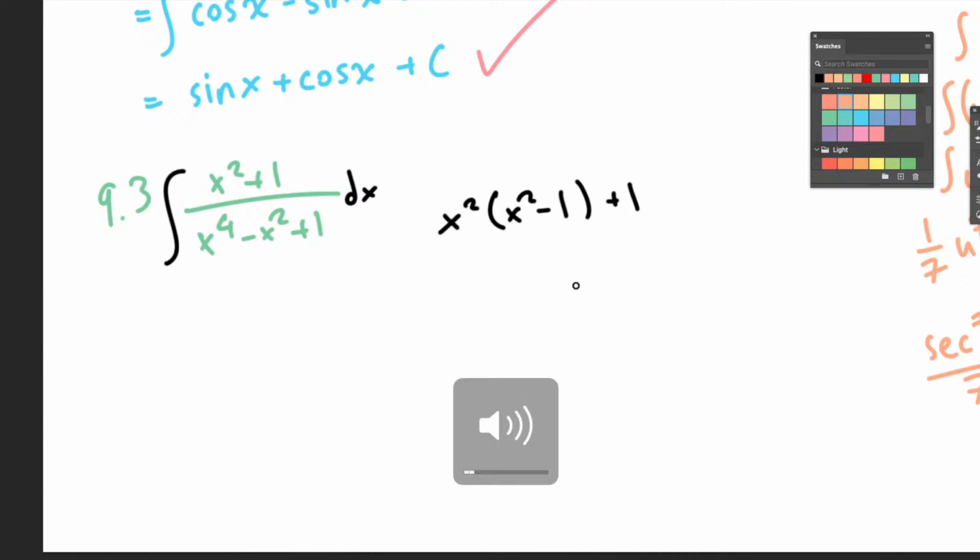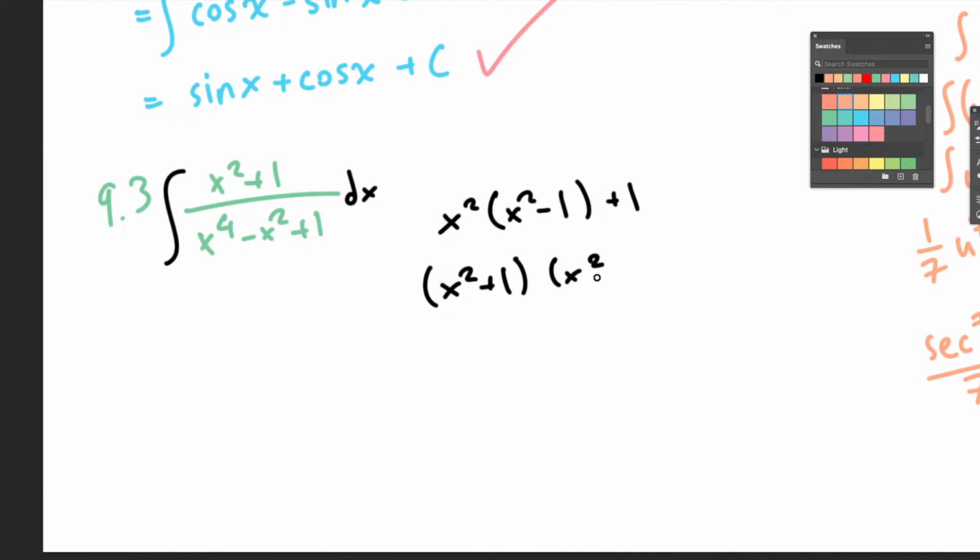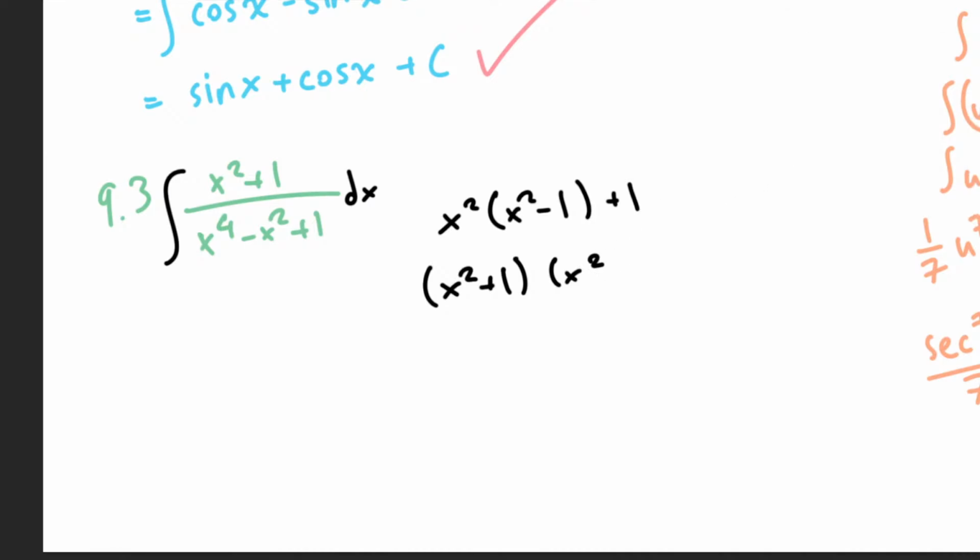Now, there has to be a trig identity for this. I'm gonna say it's x squared plus 1 times x squared minus, oh. Did I get this right?